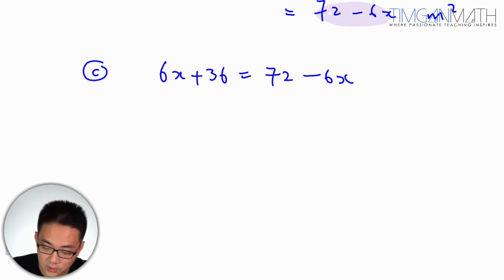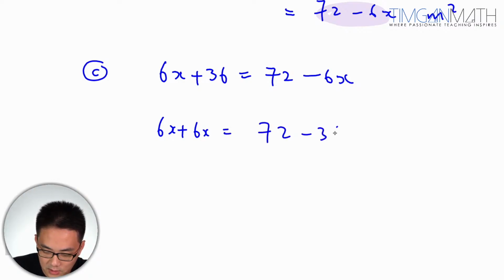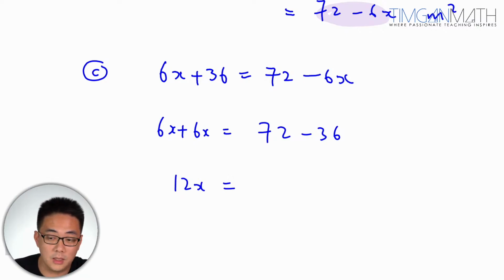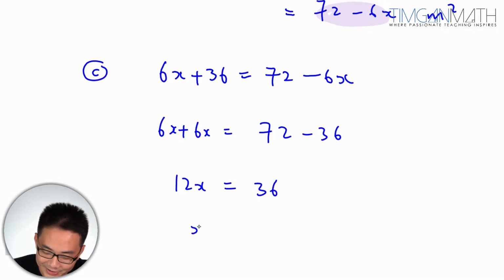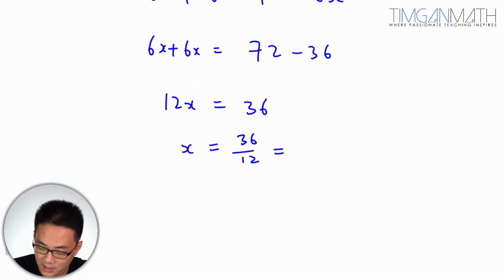Once you get it, this will be 6x plus 6x equals 72 minus 36. This will be 12x equals 36. So x will be 36 divided by 12, which equals 3. Yeah, x equals 3.